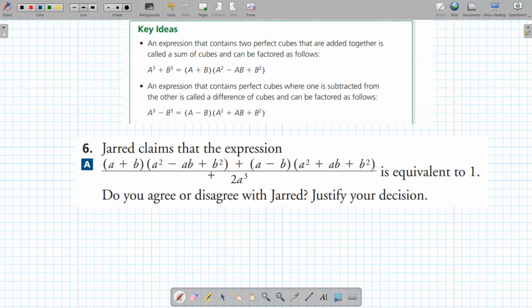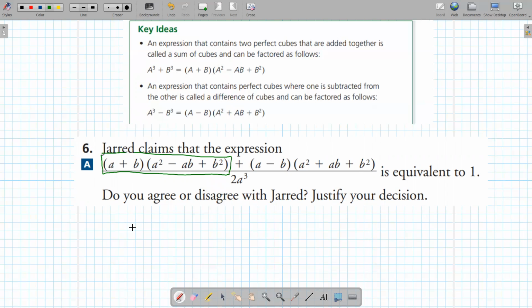So this person is claiming that this is equal to 1. Is he right or is he wrong? Look at this. What is this? Again, we're working backwards now. What is this equivalent to? Right, this is this guy right here.